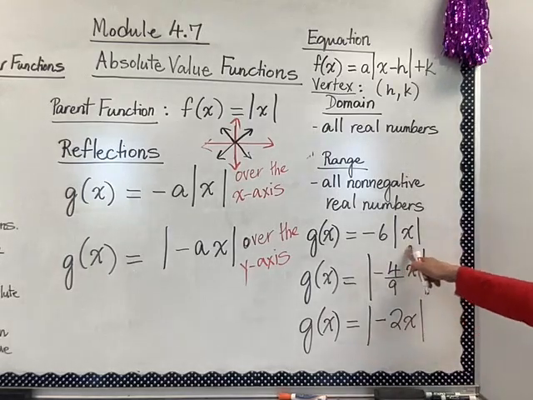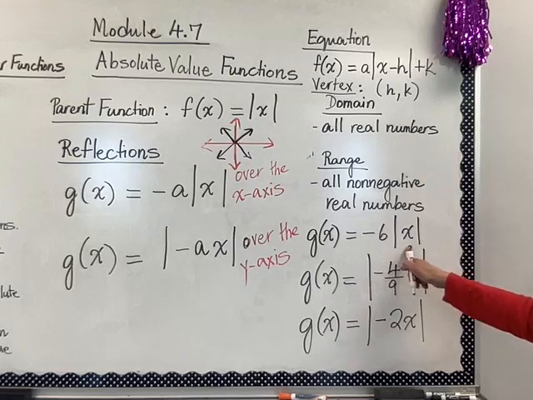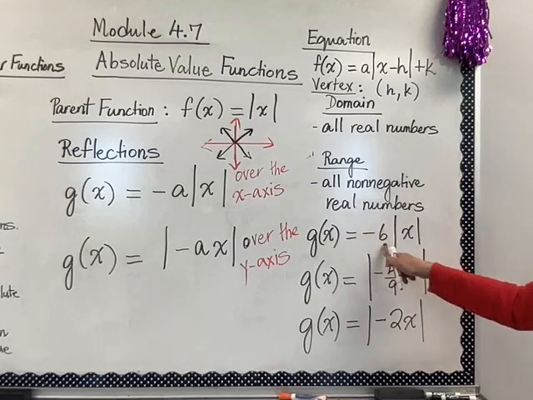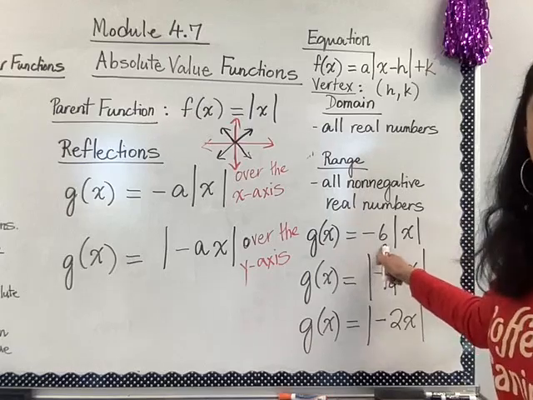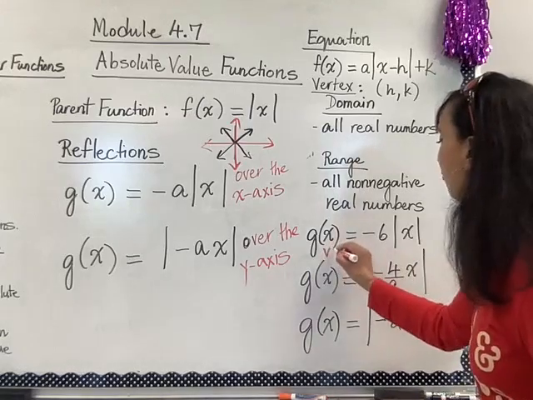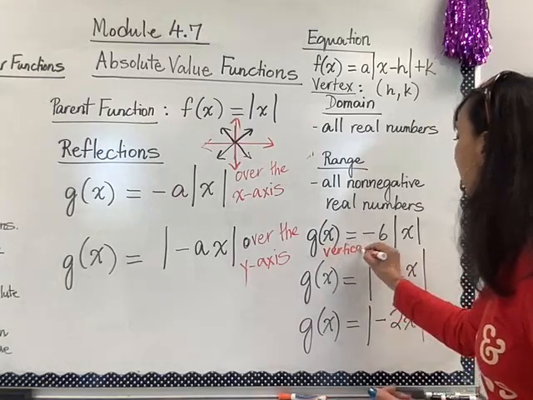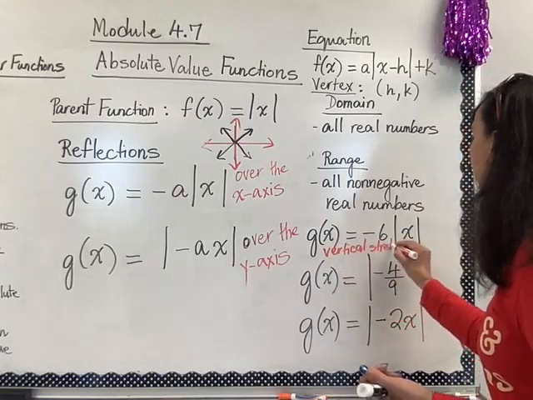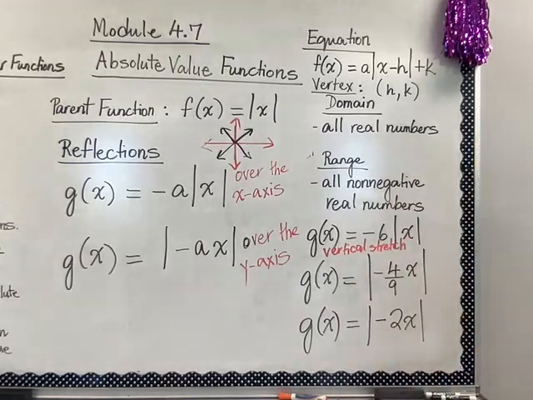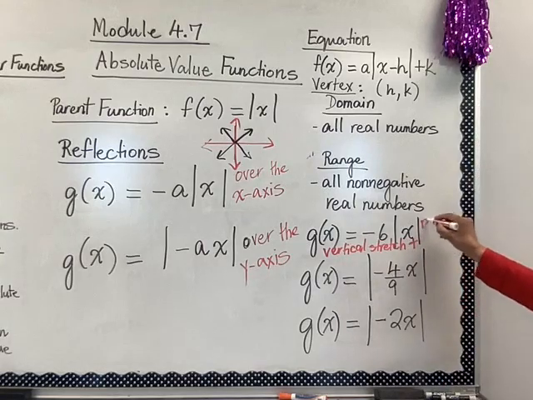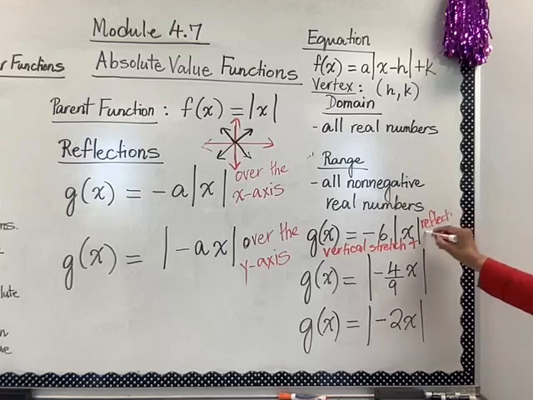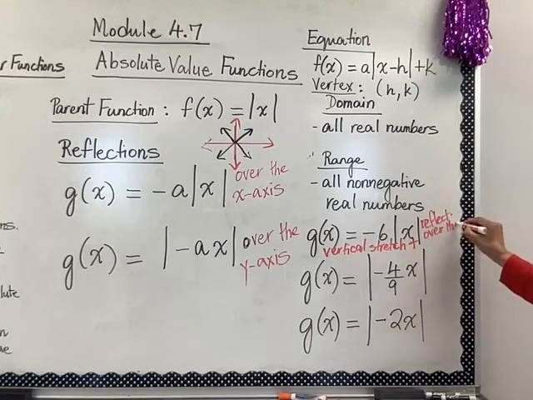That means it's reflecting over the x-axis, and I have negative 6 on the outside, so this is a vertical stretch and a reflection over the x-axis.